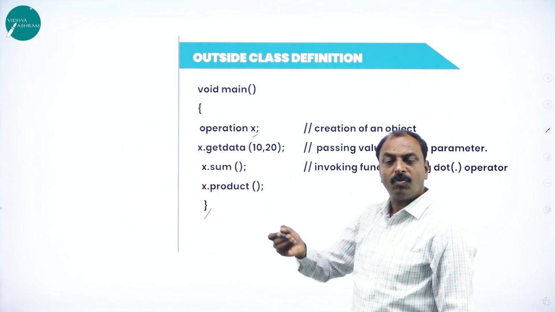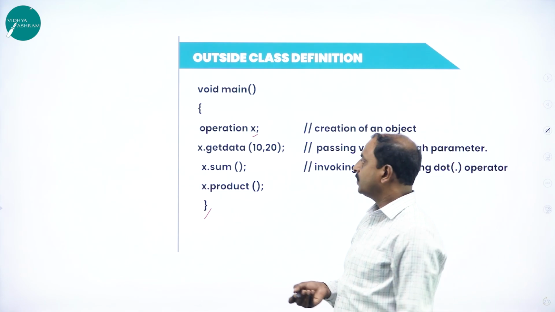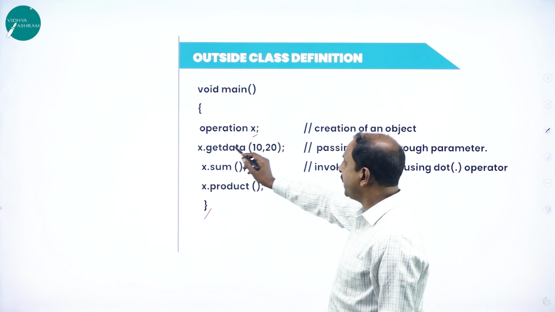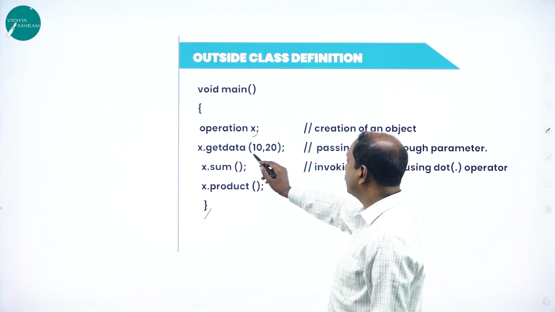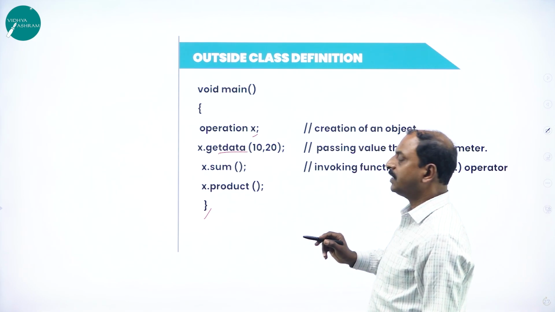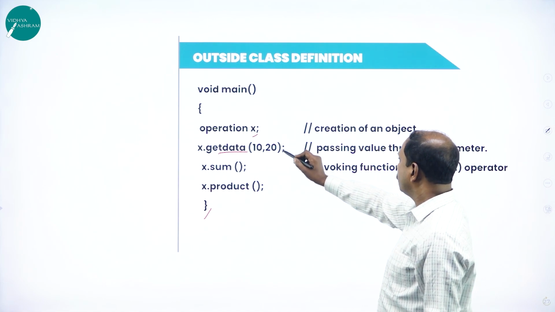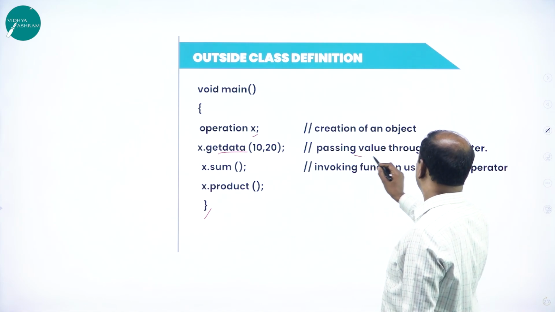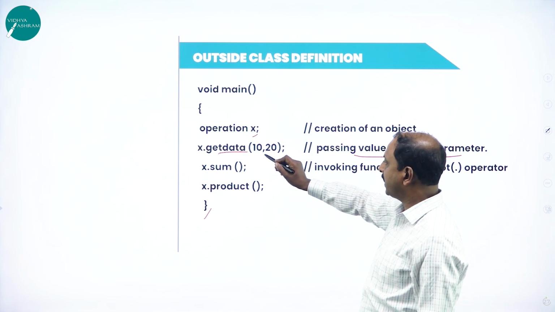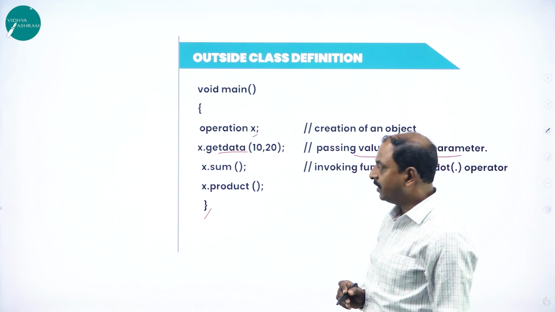Next we have to invoke the function, or call the function. How do we do that? This is x dot; x is the name of the object, dot getdata with the parameters. So here we are invoking the first function, getdata, with the values. This is also known as passing the values through parameters, meaning we are entering the values of variables x and y as 10 and 20 through these parameters.